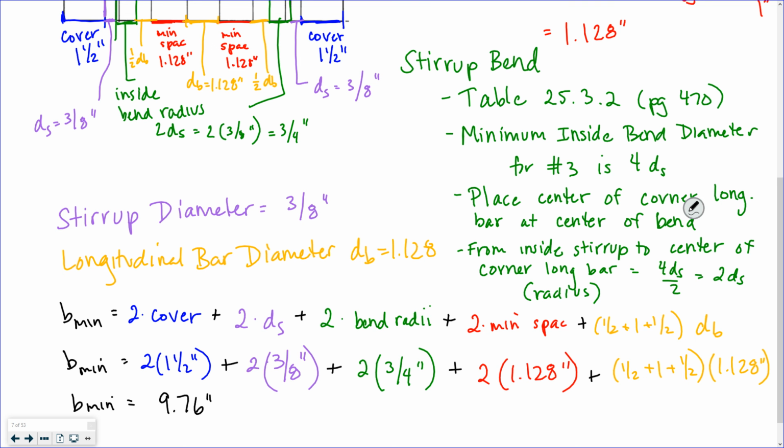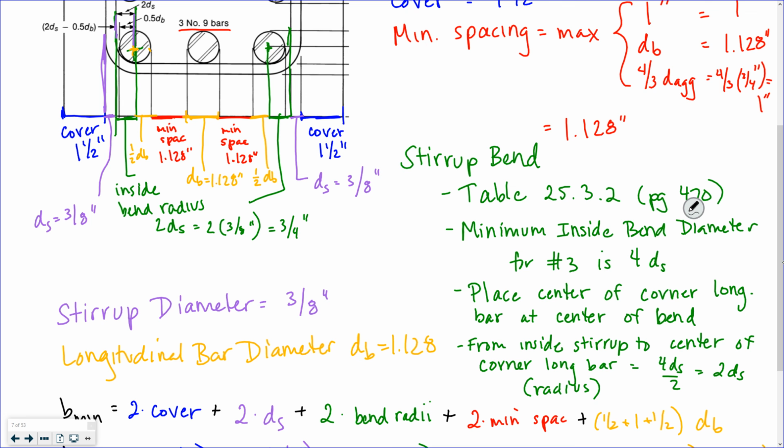So I'll probably round up to 10, but that's my minimum, right? If you end up having a wider beam for some reason, that just means that spacing, the red, will just get bigger. Well, and your hoops will get wider. You'll probably keep the 1.5 inch cover.